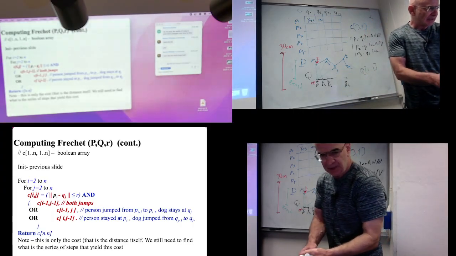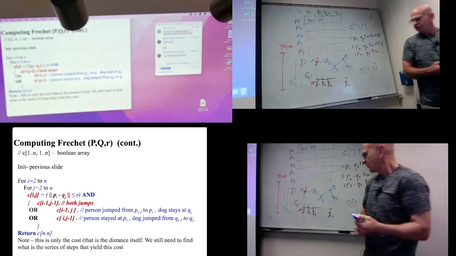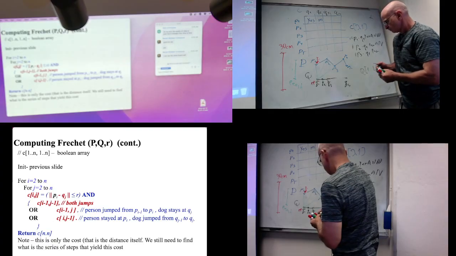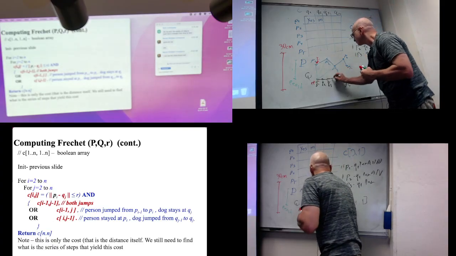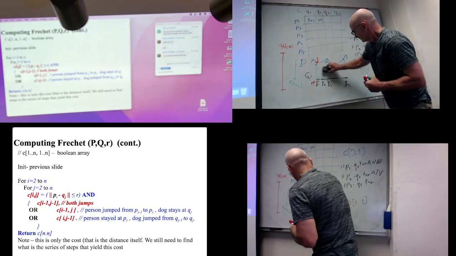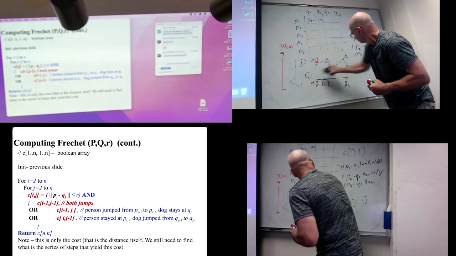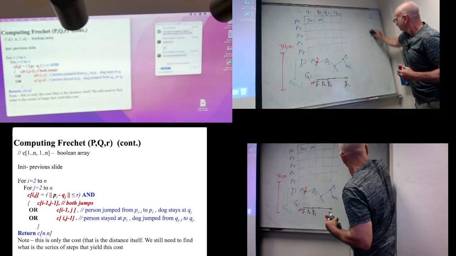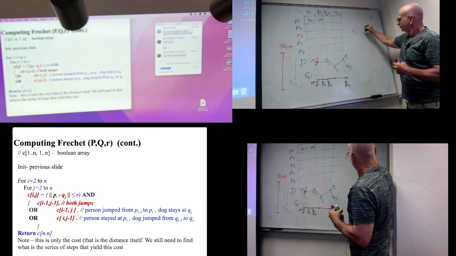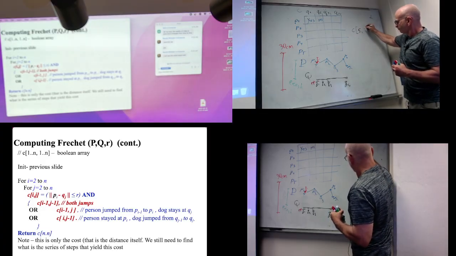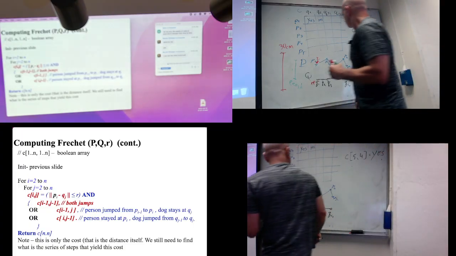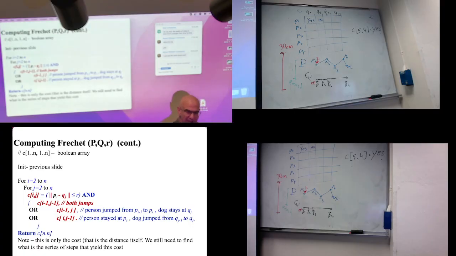In this example, to write that C5,4 is yes, what should happen?